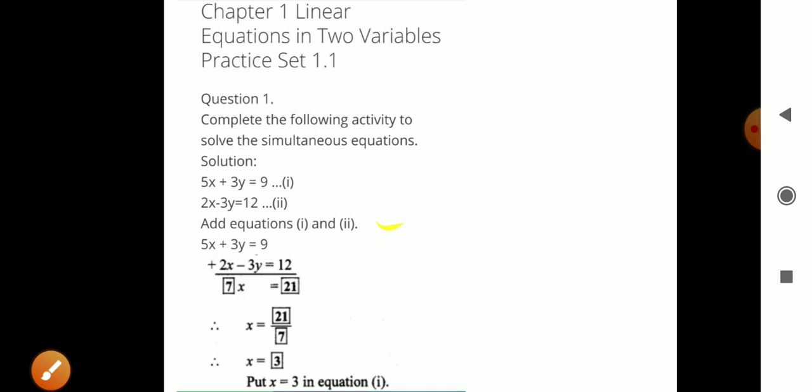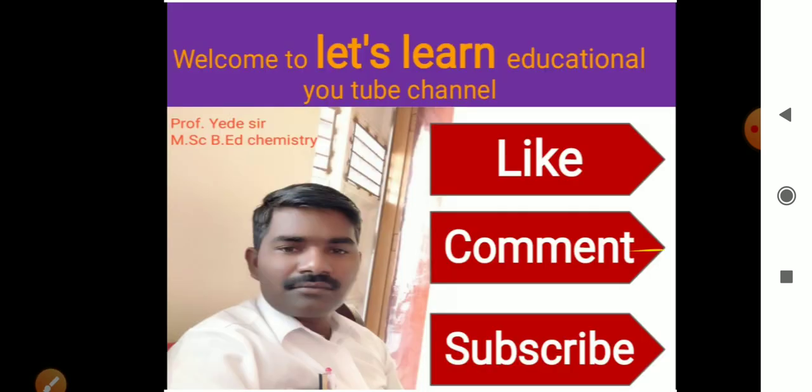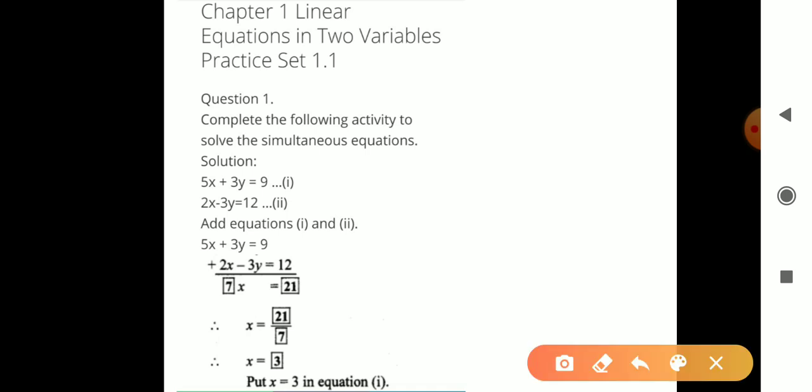So add equations 1 and 2. The first equation is 5x plus 3y equal to 9 and the second equation is 2x minus 3y equal to 12. So I write them here separately.